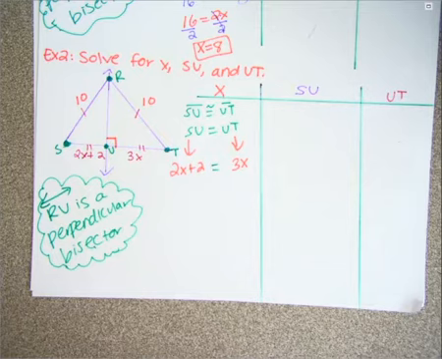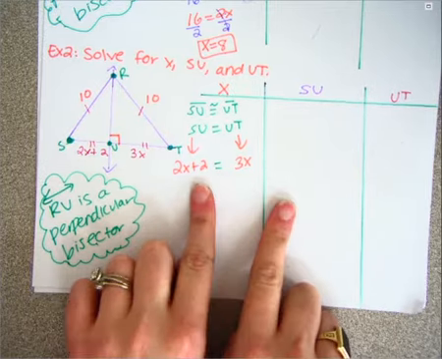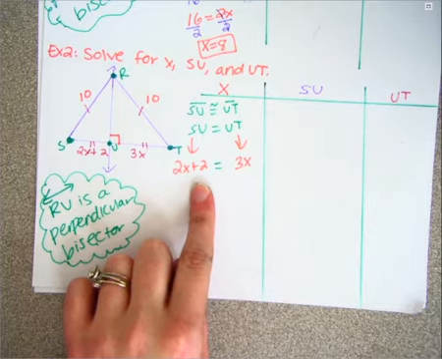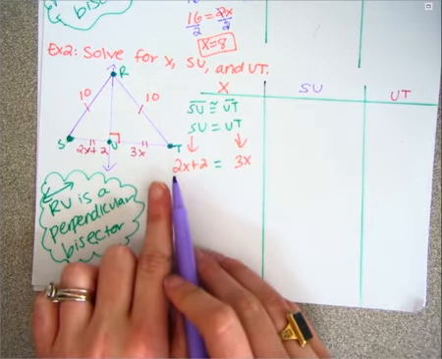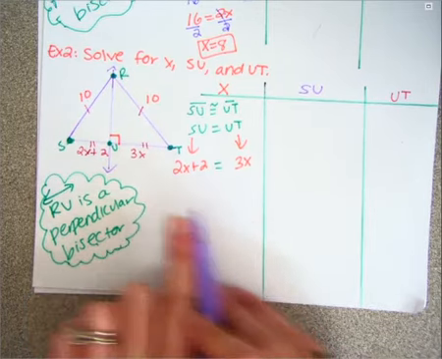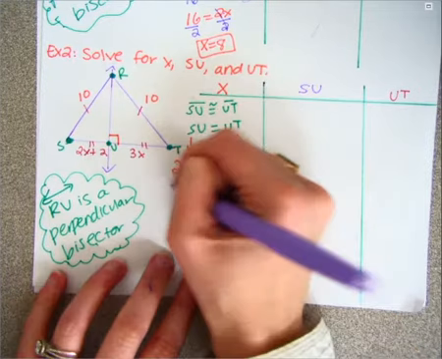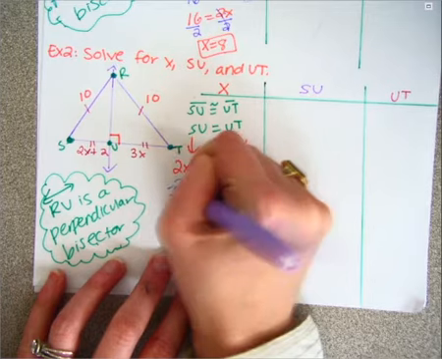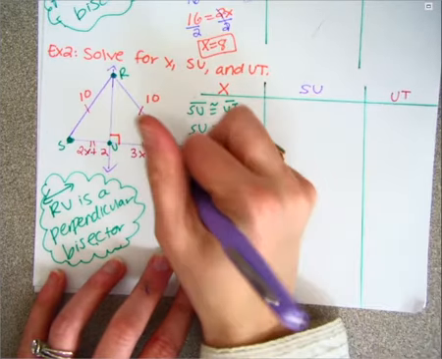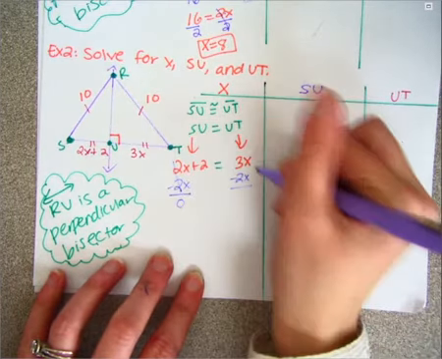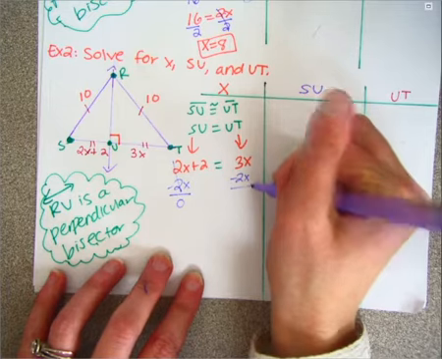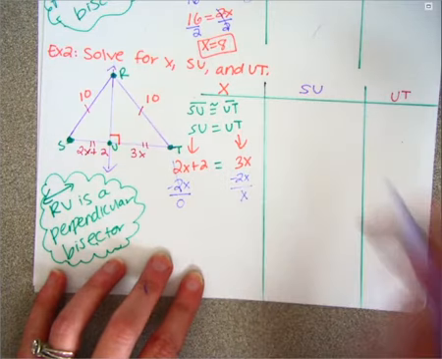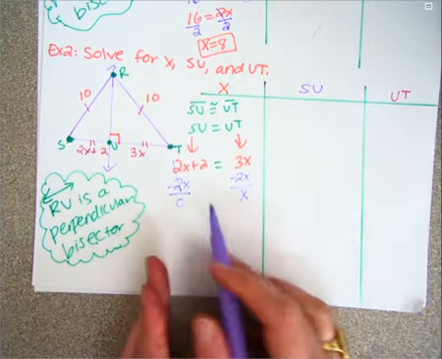Currently my X's are separated, which means I need to join them together. My 2X is a positive 2X, so the way I'm going to move it over to the other side is by subtracting it on both sides. So 2X minus 2X cancels and turns to 0. 3X minus 2X is 1X, or just X. All I have left is an X and a 2.